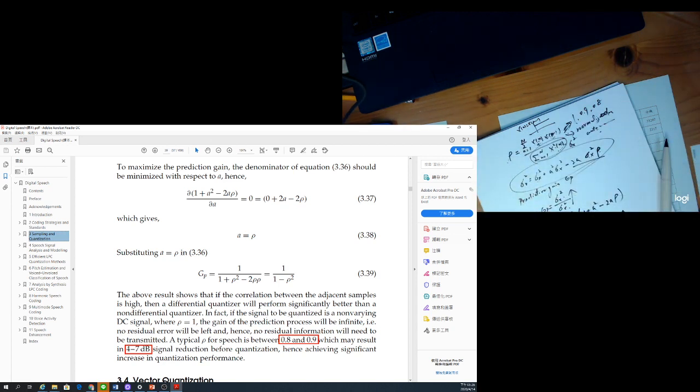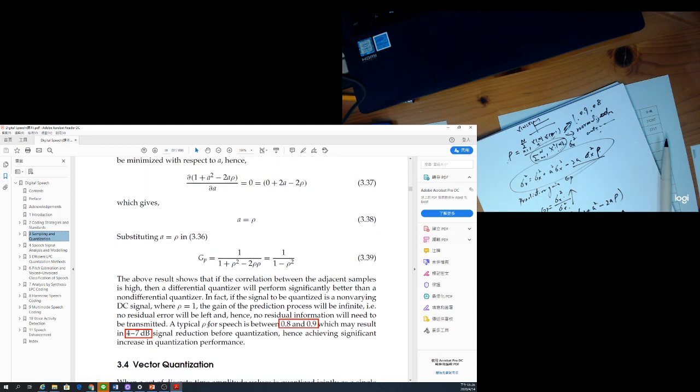A signal that can be quantized is a non-varying DC term. If you have a DC term, rho equals 1, so your prediction gain will be infinite, no residual error will be left, and no residual information needs to be transmitted.